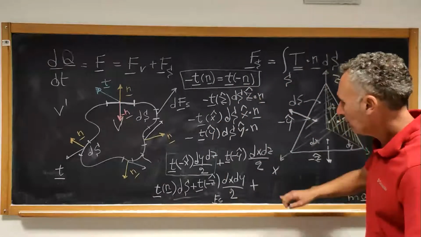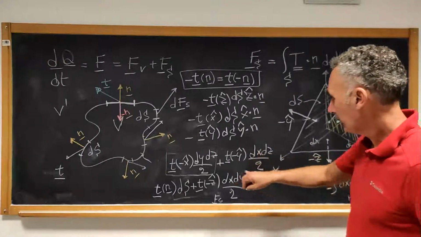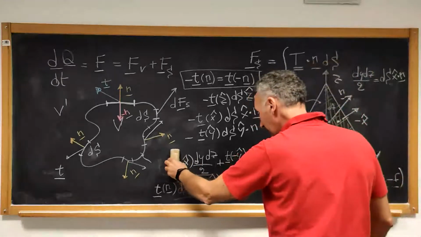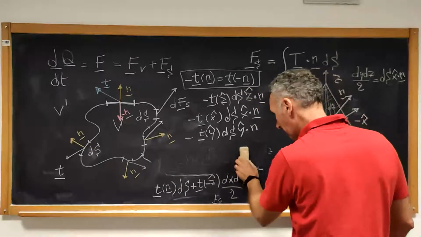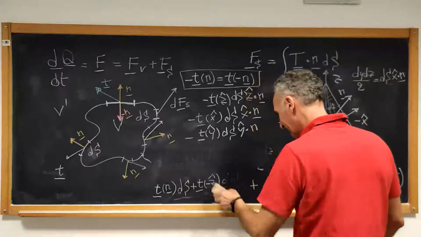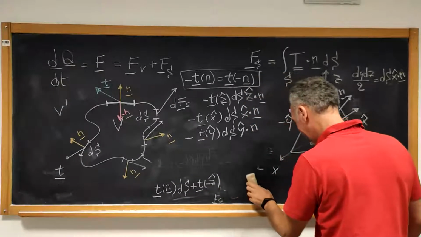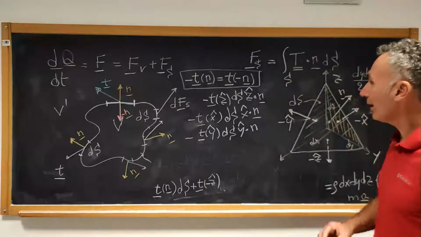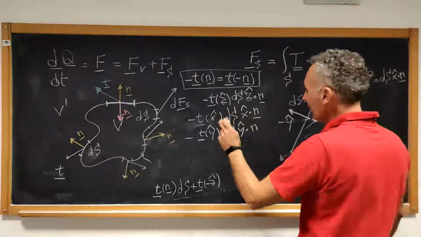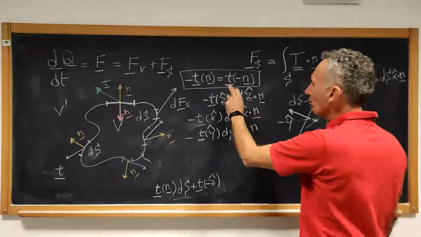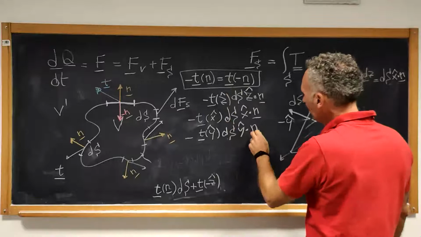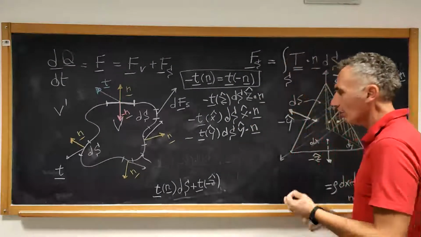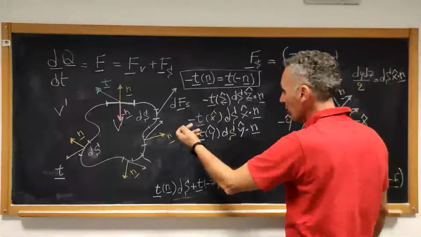Okay? Now, 1, 2, and 3 I can write together. So let me take them out from here. Okay, so how can I write them? Look, I have ds, which is common to all three terms, dot n, a scalar product with a normal, which is common, and then minus, which is also common.